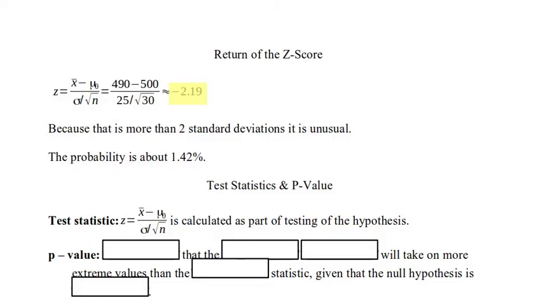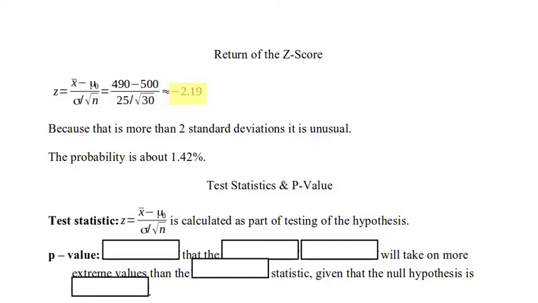Remember, we're allowed to assume that the null hypothesis is correct. So that gives us a population standard deviation and a population mean. Our sample mean of 490 is actually negative 2, that is 2 standard deviations to the left. Now the question is, what is the probability of being 2 standard deviations to the left or more extreme?